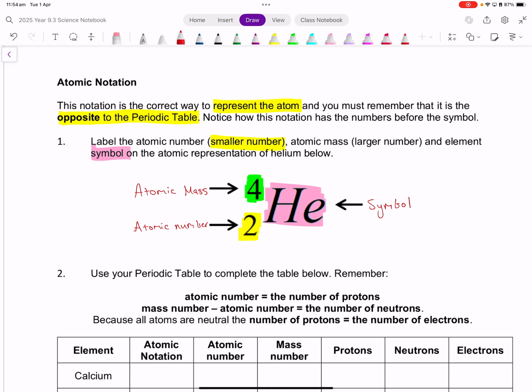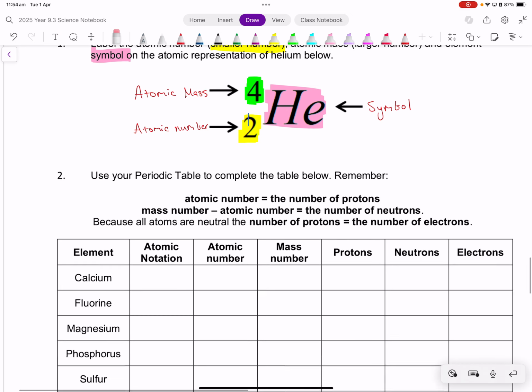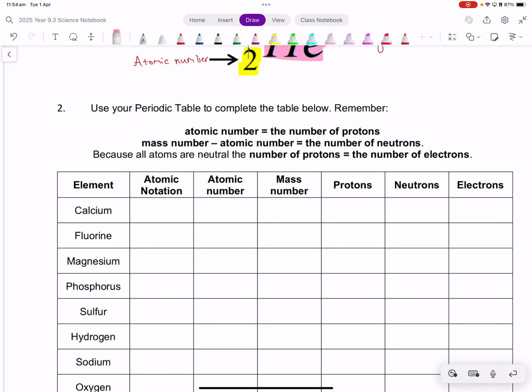Now, there's a reason that I really like atomic notation, because if you're going to go find the number of neutrons, what do you need to do? You go top number, subtract bottom number, and that gives you the number of neutrons. Okay? So what we've just been practicing on the prior page, we now have another way of representing. So we've got some formulas for you.